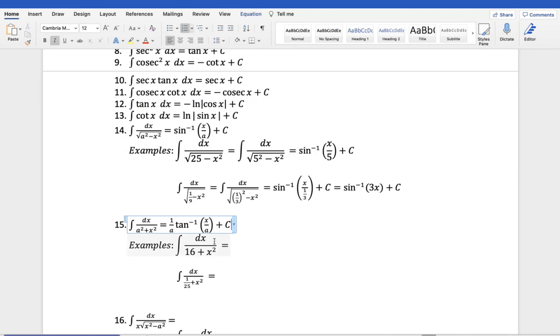And if we apply that to our example here, we have the integral of dx over 16 plus x squared.